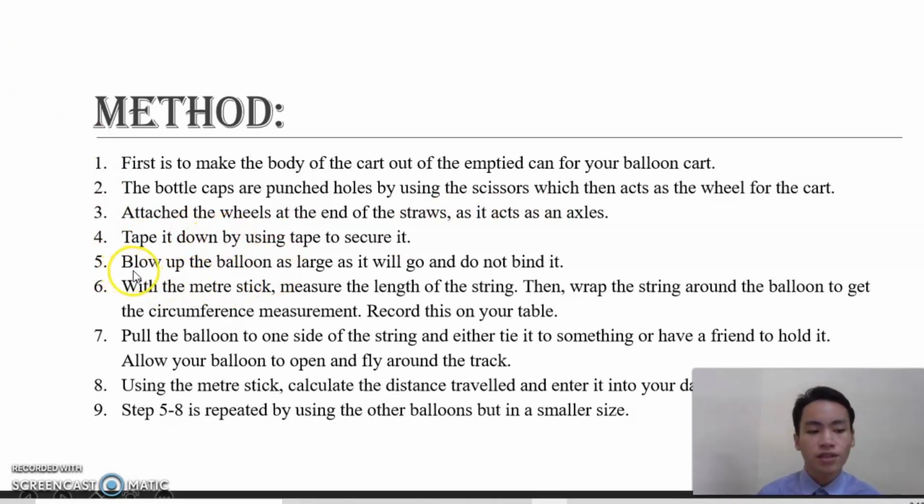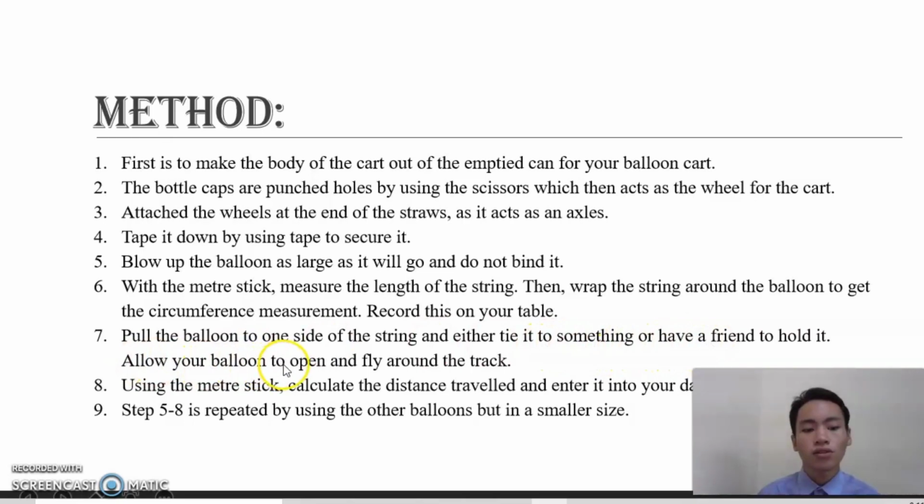The fifth step is to blow up the balloon as large as it will go and do not tie it. The sixth step, with the length of string, wrap the string around the balloon to get the circumference measurement. Record this on your table. The seventh step is to pull the balloon to one side of the string and either tie it to something or have a friend hold it.